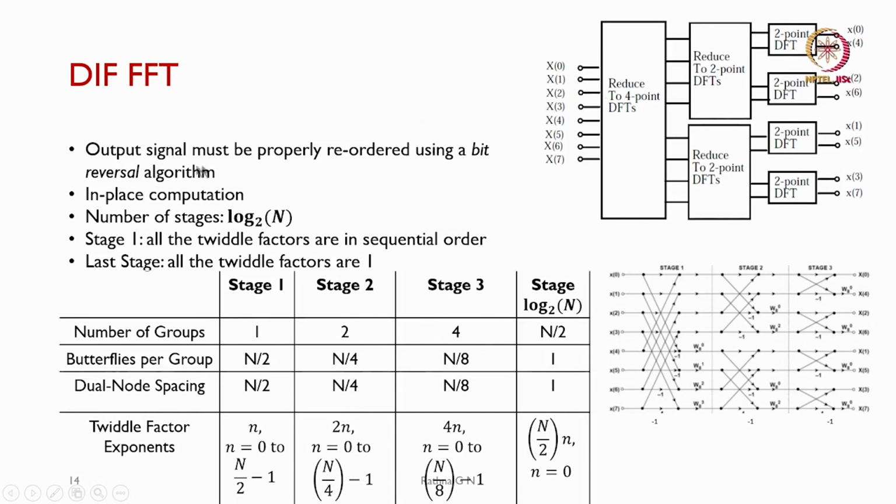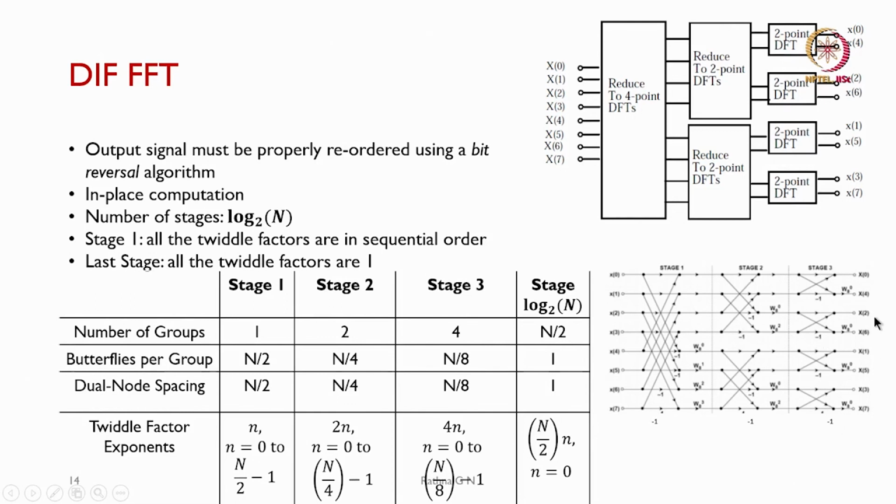Here also it is in place computation, compared with your DIT, decimation in time, and here also the number of stages is going to be log to the base 2 of n. In stage 1, all the twiddle factors are in sequential order, and in the last stage all the twiddle factors are going to be 1.